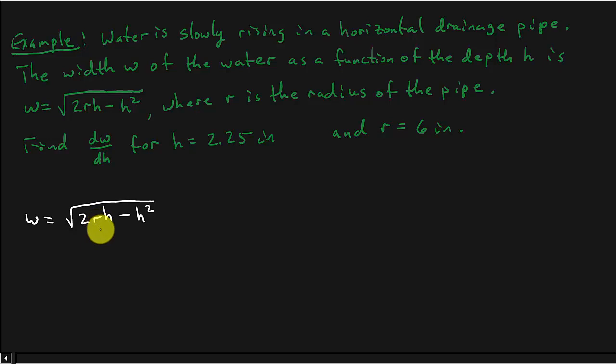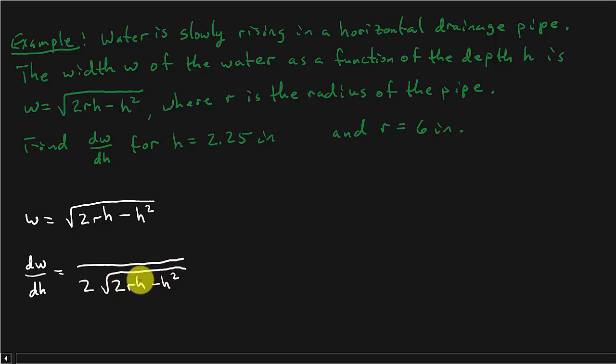That R, you treat like a number. So I've got the derivative of W with respect to H. Oh, this is nice, isn't it? Remember the shortcut I showed you for finding the derivative of a square root? It's 2 times whatever that square root is, and then what goes in the numerator? The derivative of what's underneath the square root.